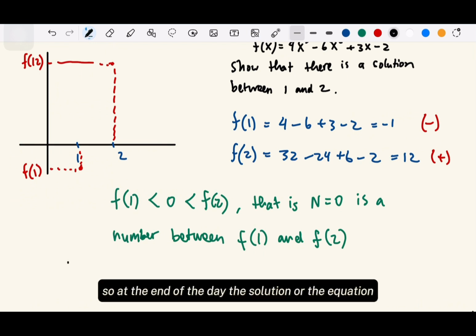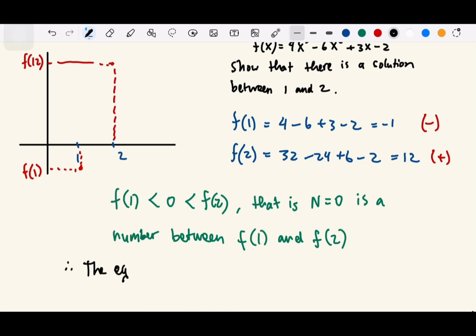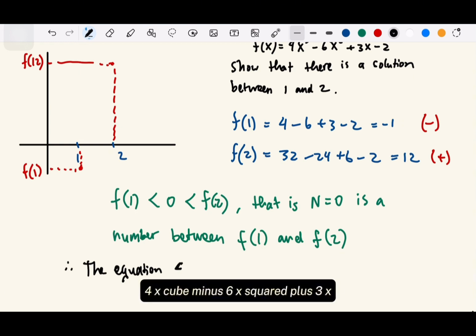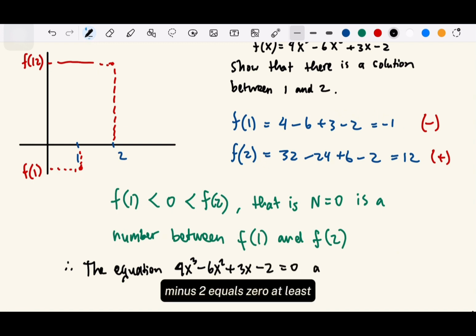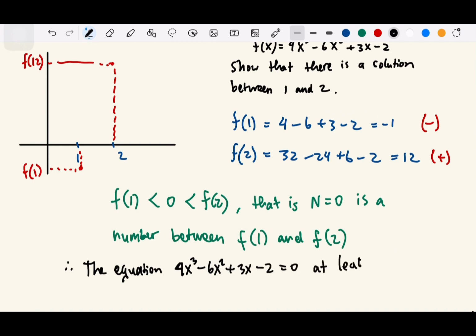So at the end of the day, the equation 4x cubed minus 6x squared plus 3x minus 2 equals 0 has at least one solution c in between 1 and 2.